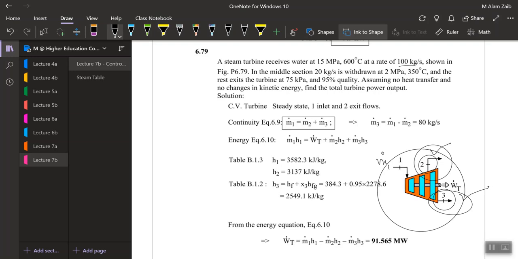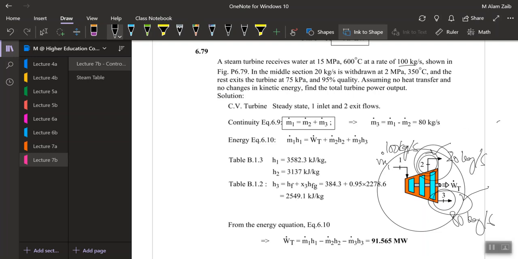So 100 kg per second is entering the system, 20 kg per second is leaving at state 2, and the rest, which is 80 kg per second, is leaving the system at state 3.